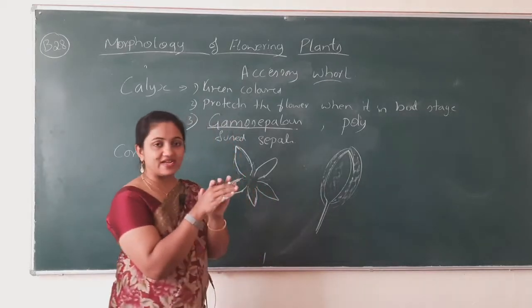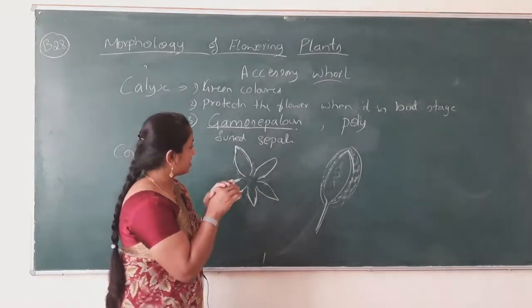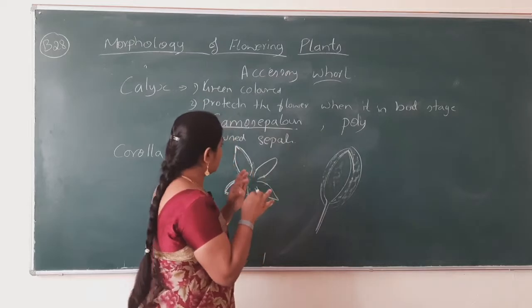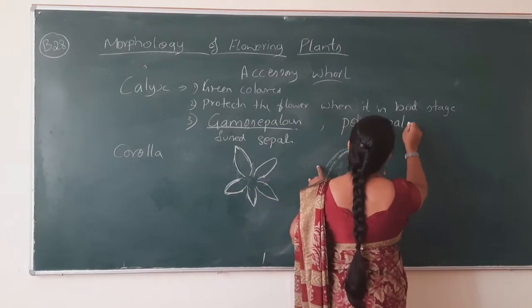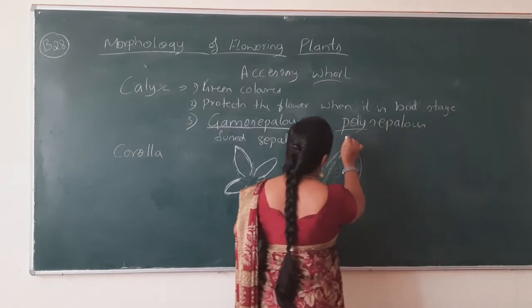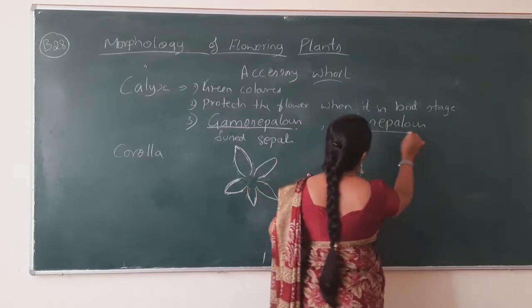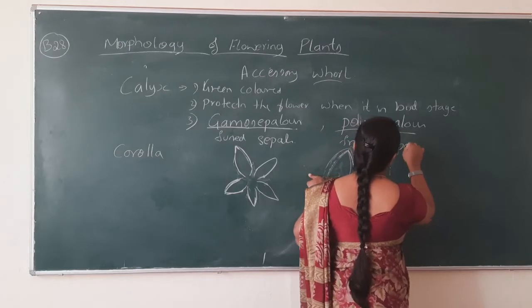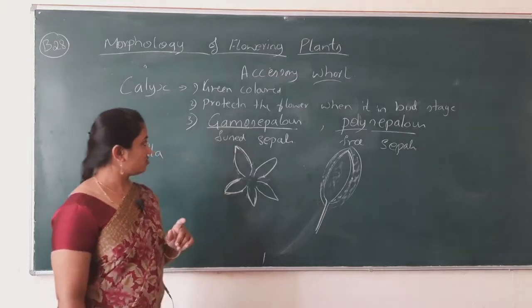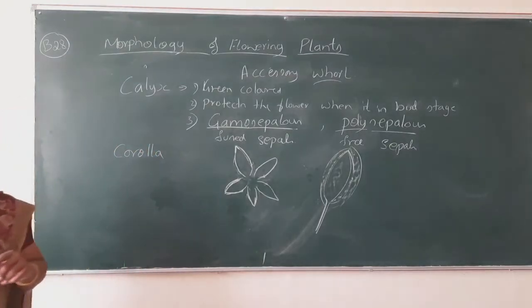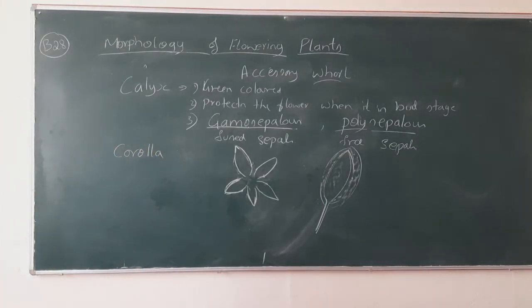They do not attach to one another. That type of sepals is known as polysepalous. Poly means free, sepalous means sepals. So this you have to remember, my dear students. Okay, gamosepalous and polysepalous.